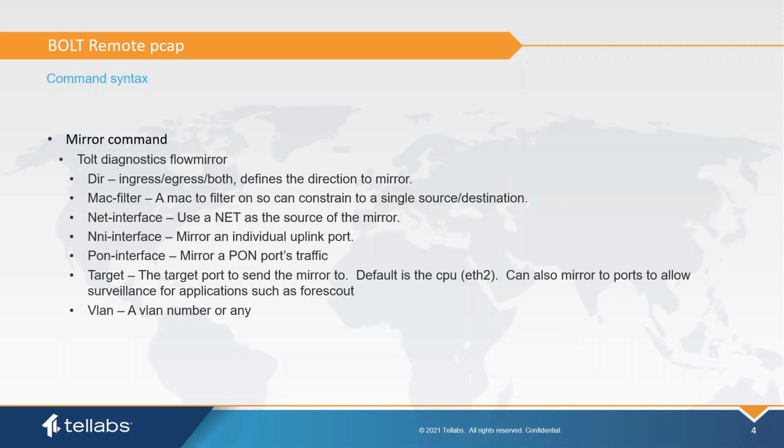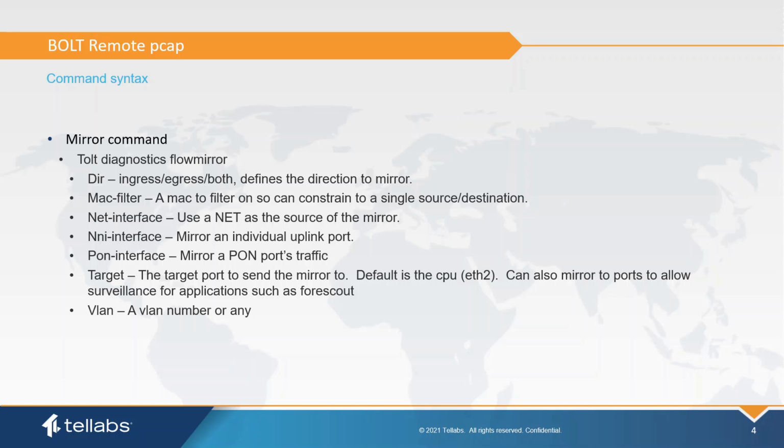You can mirror a net interface as your source, an NNI interface, so an individual port, or a PON interface. You can choose any one of those, but you can only use one of those sources at any given time.